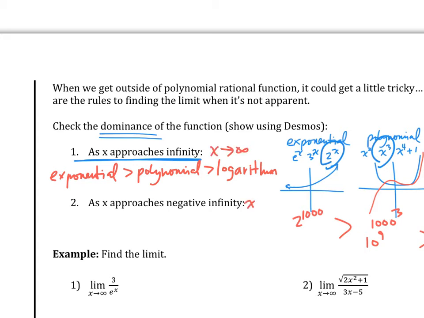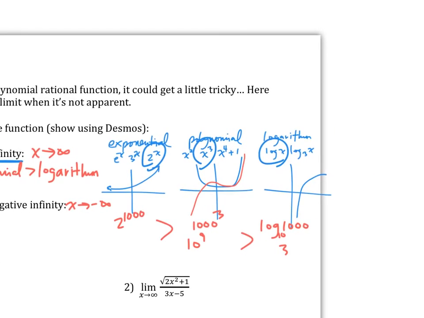What happens when x is going to negative infinity? Well, let's see. Logarithm doesn't even go to negative infinity. In fact, it can't get past 0 in the parent function. So you can see that when x is going to negative infinity, polynomial is going to go straight down or straight up. Either way, it's going to be much bigger than exponential, because exponential is going to go to a flat line.